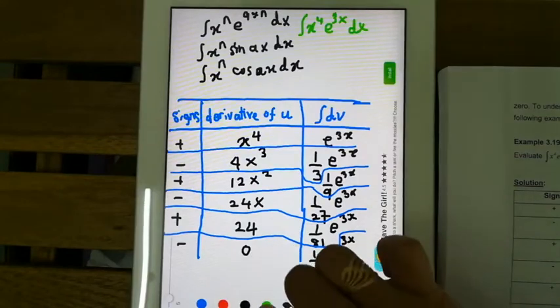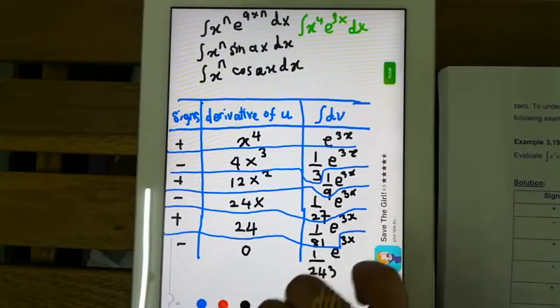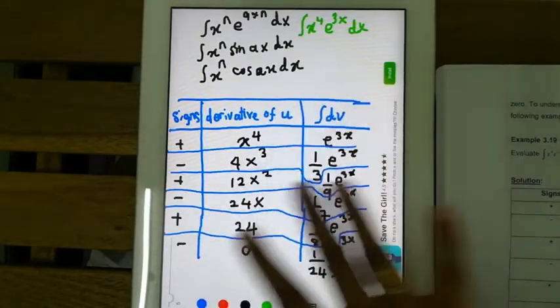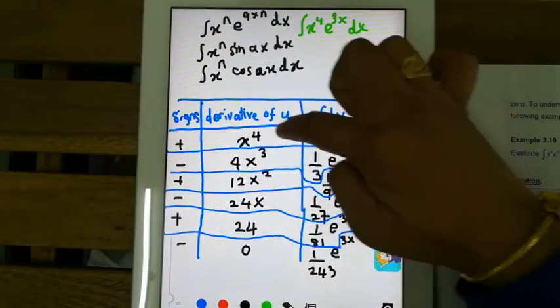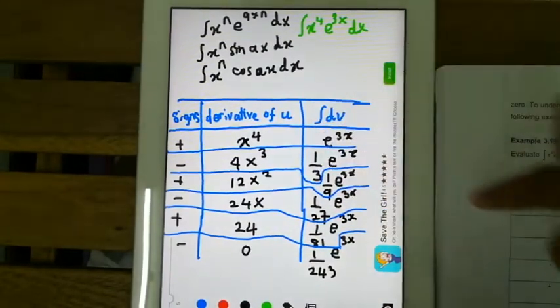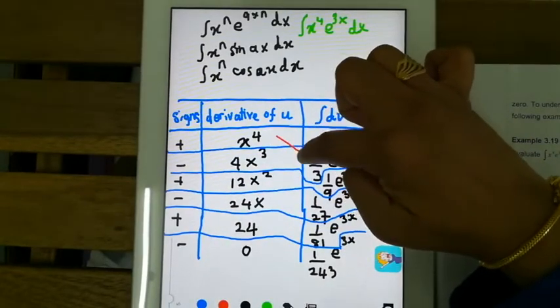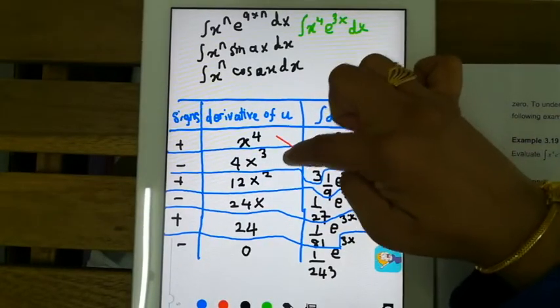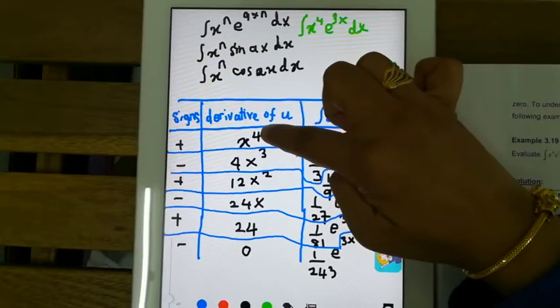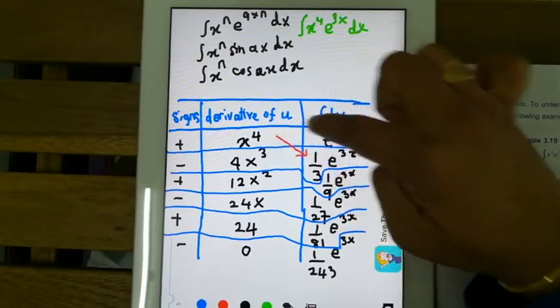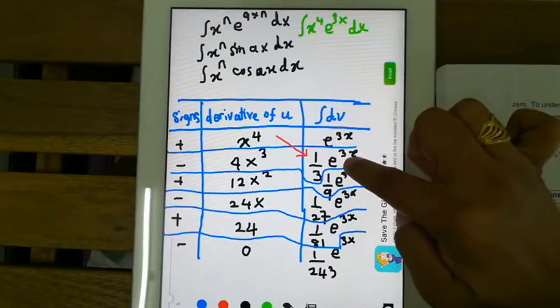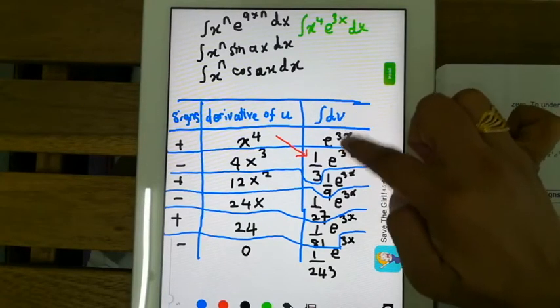So the next step is that you need to know how to complete the tabular method process. You need to draw the direction of the arrow like this. So this one must be multiplied with this: the first row of u times the second row of dv.